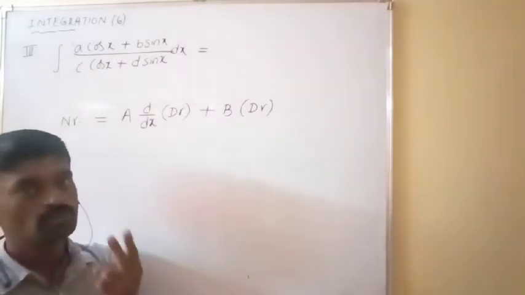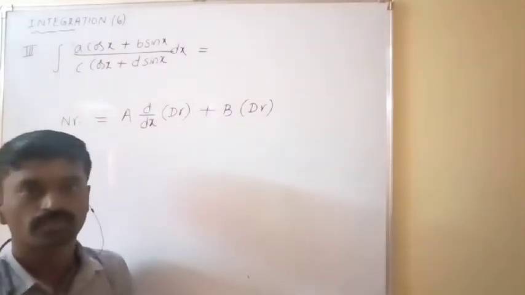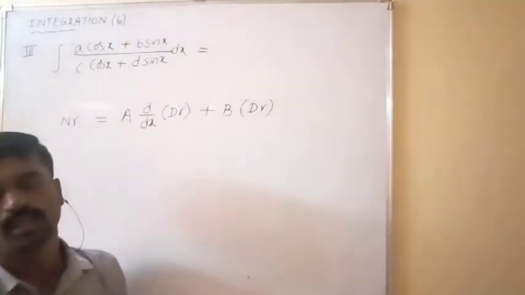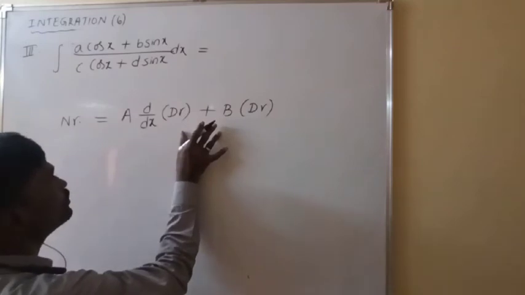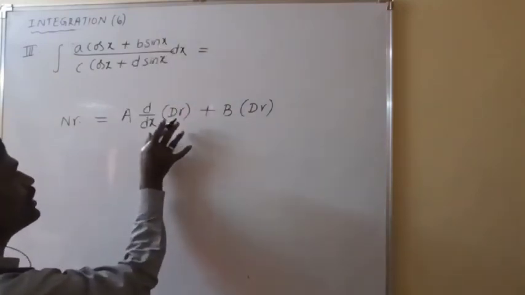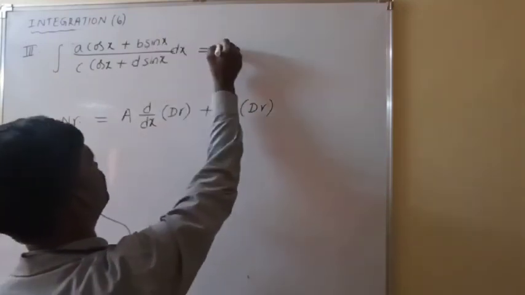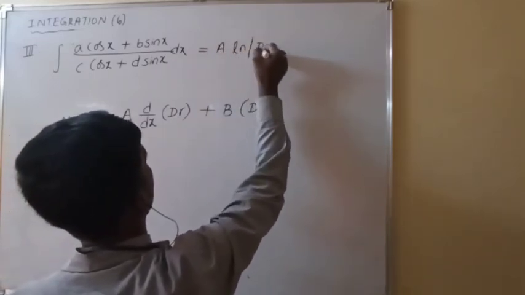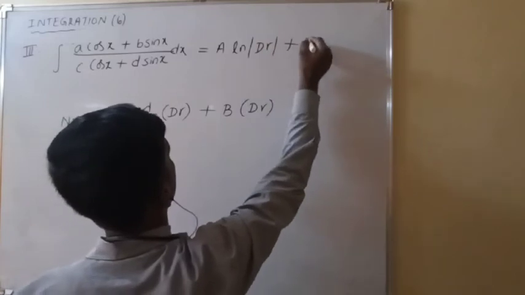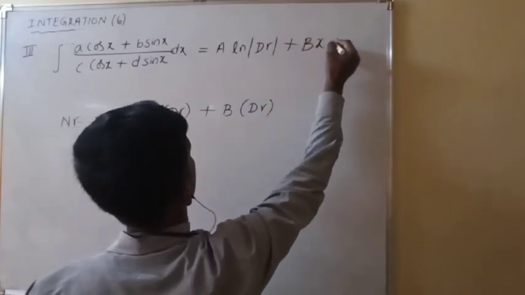You'll get two linear equations in terms of A and B. On solving them, you'll get A and B values. And what will be the answer after putting numerator as A into d by dx of denominator plus B into denominator? The answer you will get is capital A into ln of modulus of denominator plus B into x plus c.